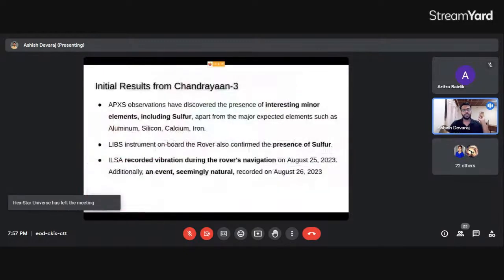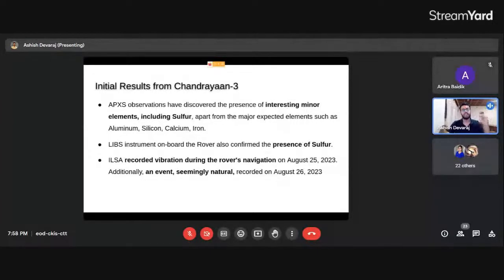Now, coming to the other three, I have already mentioned this in my previous slide: APXS and LIBS. There was this interesting confirmation of the presence of sulfur in the lunar material. That was the first time we detected sulfur. But again, these are very initial results.